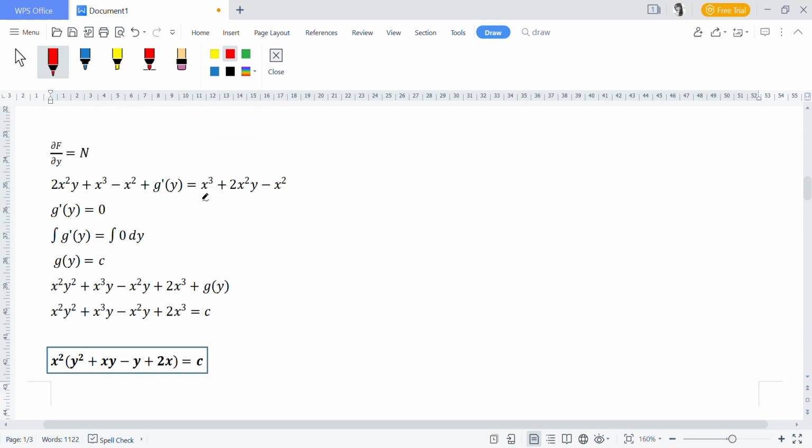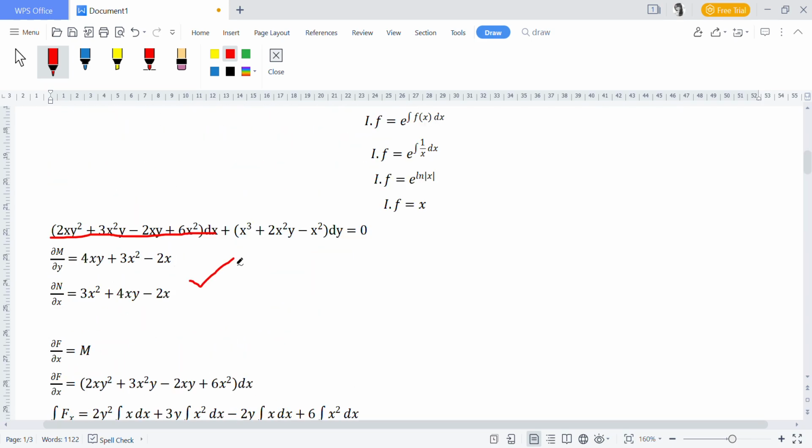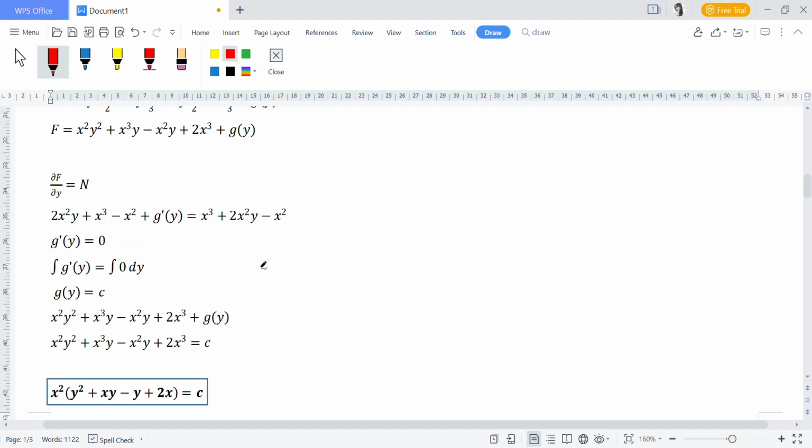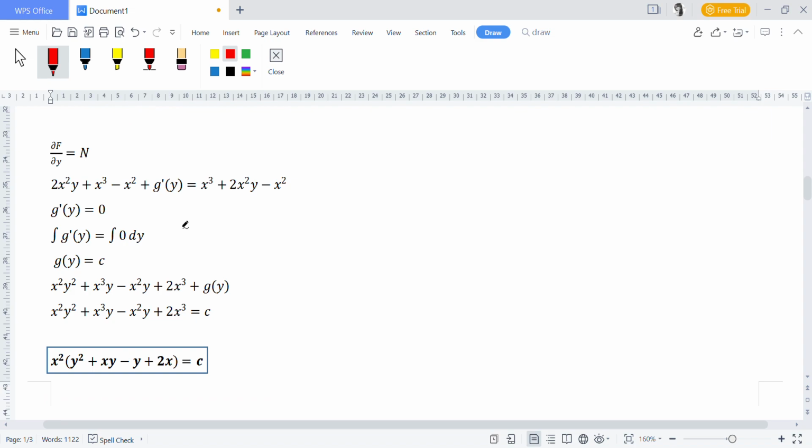Now, equating this to our N, which is this one. So, copy that. This is equal to x cubed plus 2x squared y minus x squared. As you can see, we have terms here that can be cancelled, which is the 2x squared y, the x cubed, and the negative x squared.